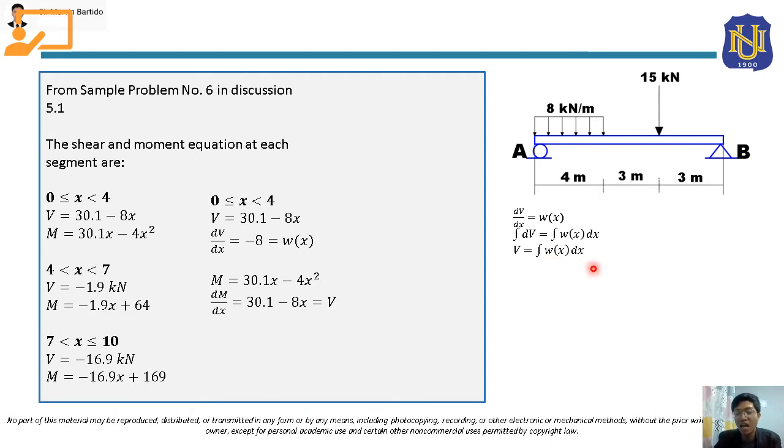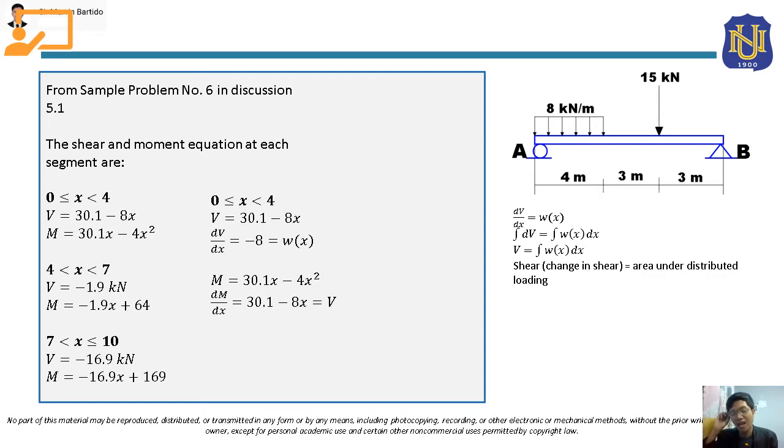So class, this integral of w of x dx is actually a formula to solve for the area under this distributed load. So from here, we can say that this shear, or we can also call this change in shear, is actually equal to the area under the distributed loading.